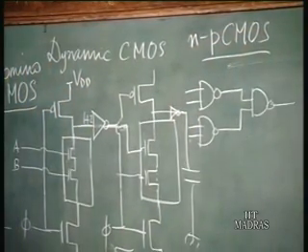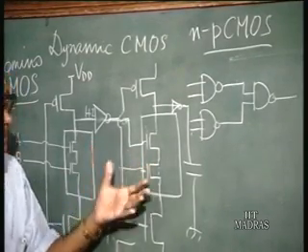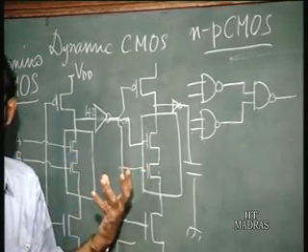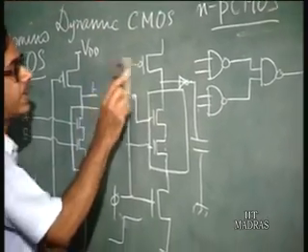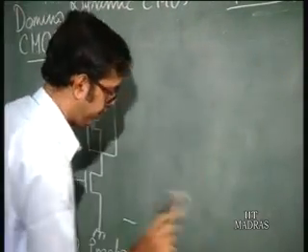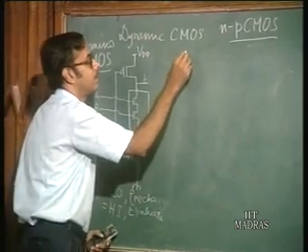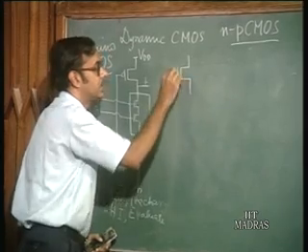Now, one can really avoid this inverter by using what is called an NP CMOS. Here the next block is basically made up of PMOS transistors. The circuit is going to be something like this. Again, what you have is a PMOS transistor here.